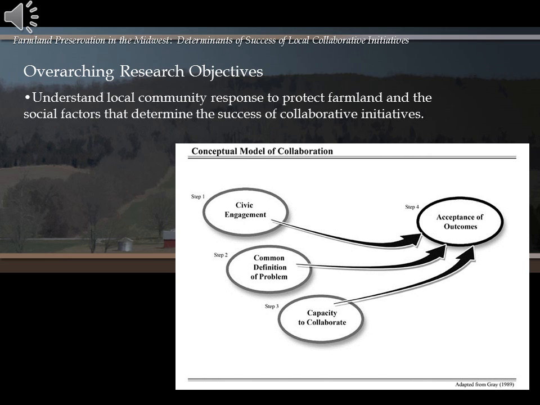This first step was intended as a process of measuring each one of these variables, and then using the dependent variable, acceptance of outcomes, in a regression model to see if civic engagement, common definition of the problem, and capacity to collaborate actually have an influence on the acceptance of outcomes to protect farmland, forest, and open space in this county.